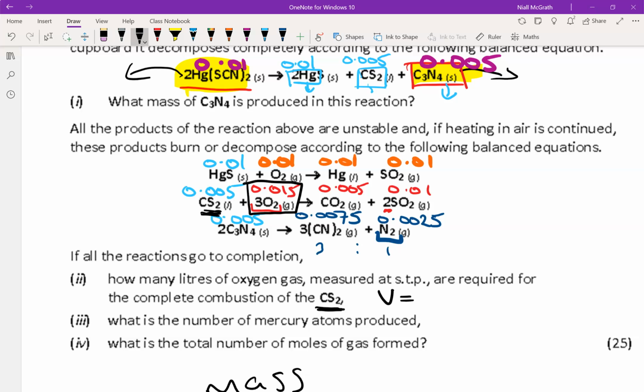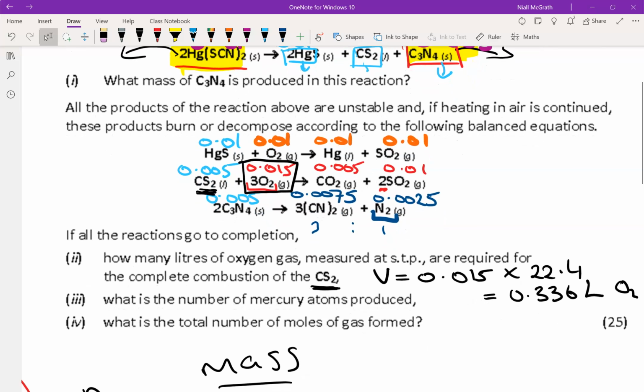Alright. So it's going to be 0.015 multiplied by 22.4, and that answer is going to be 0.336 litres of O2. And that's that question.